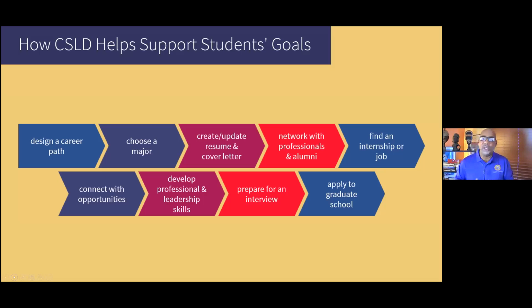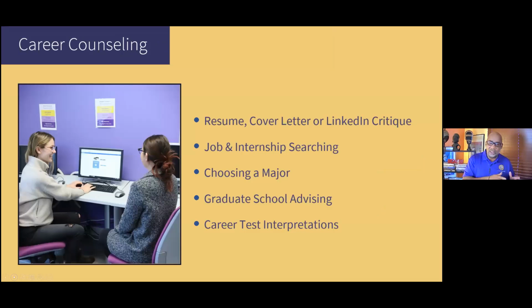And so when you look at all of these support aspects where we can supplement your career, your learning, your in-classroom learning, it's all about how do we actually take those in-classroom learnings and apply them in a meaningful and relevant way. Our career counselors are beyond phenomenal.